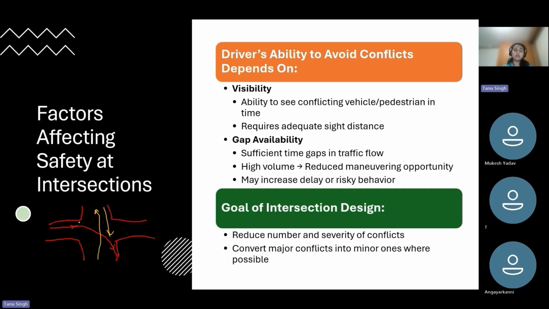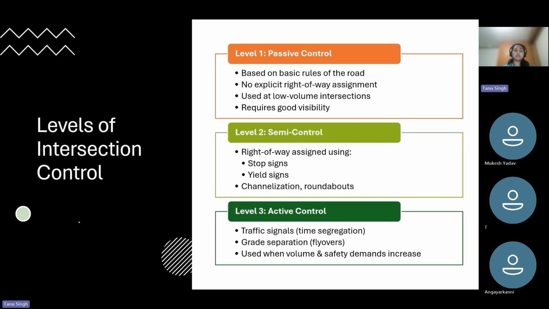Now coming to the level of intersection control. There are different levels of intersection control. We classify them into three levels. First one is passive, the second one is semi-control, and the third one is active control.